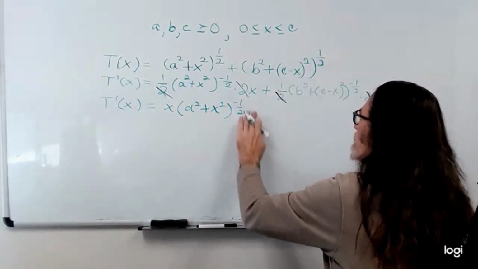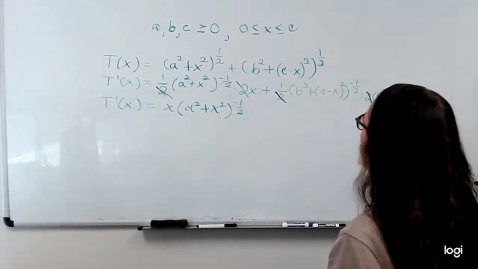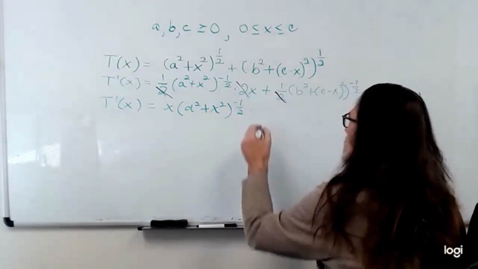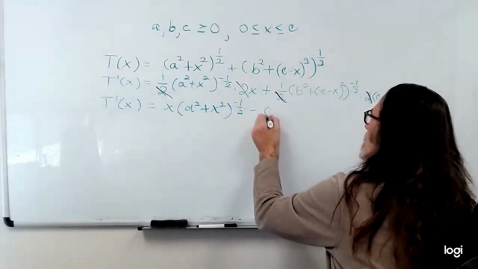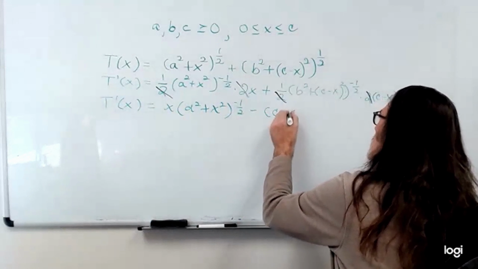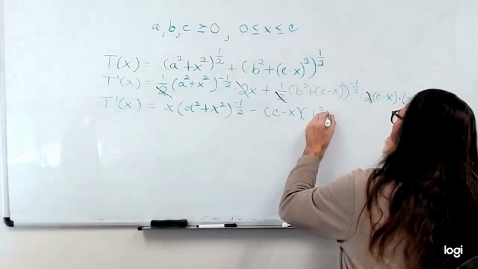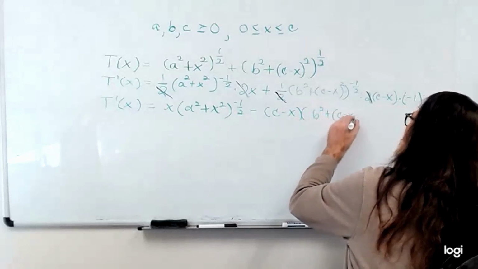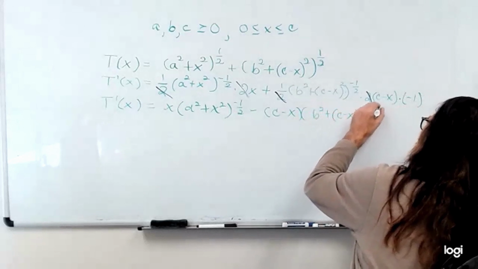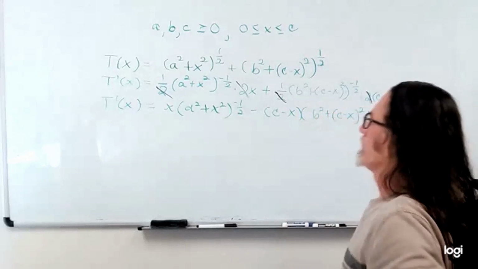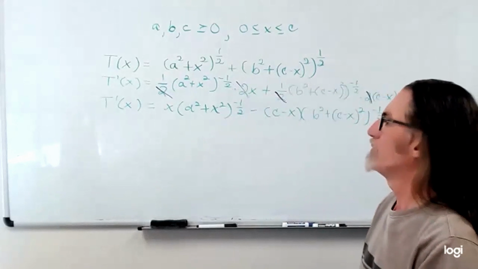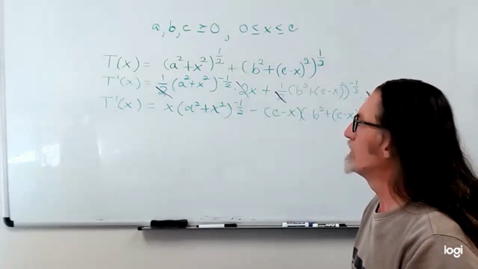Similarly, bring the negative, plus a negative would be the same as minus. Bring that to the front, and the c minus x to the front. And there is a simplified version of our derivative.